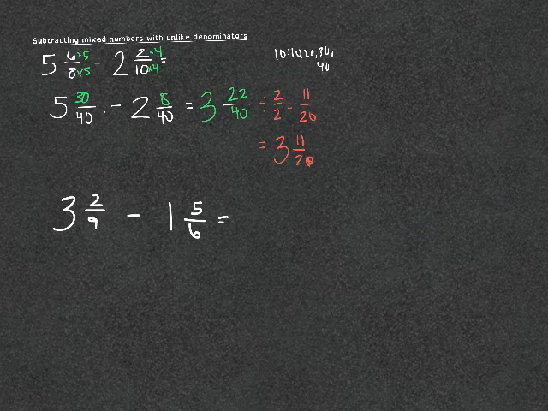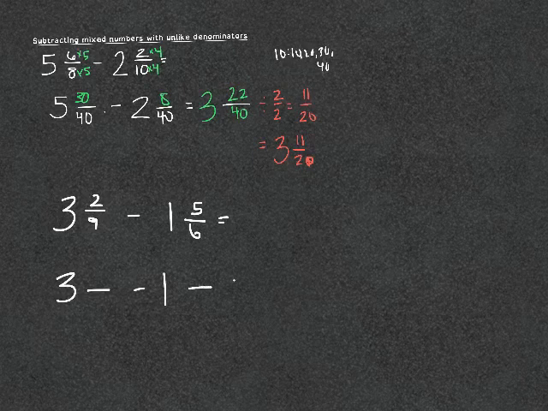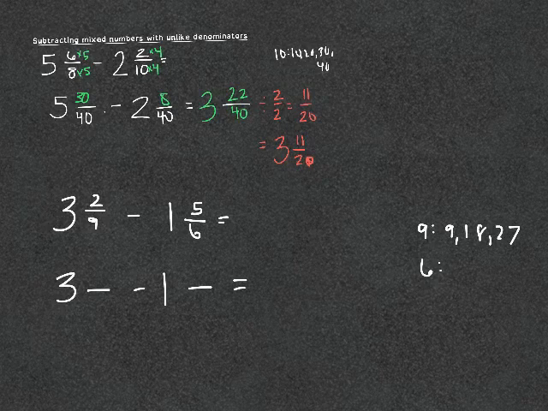Now I have 3 and 2/9 minus 1 and 5/6. So I have to ask myself, what can I get both 9 and 6 to be? 9 is 9, 18, 27. 6 is 6, 12, 18.